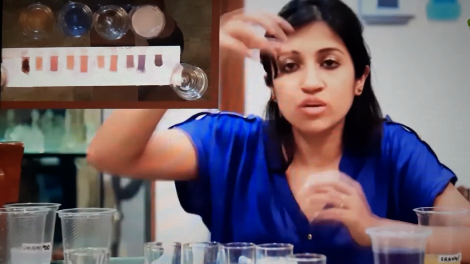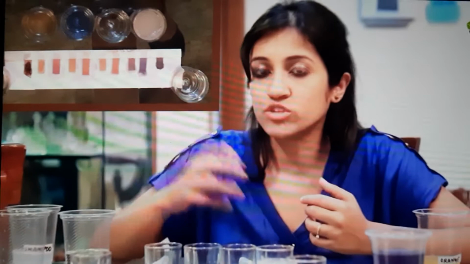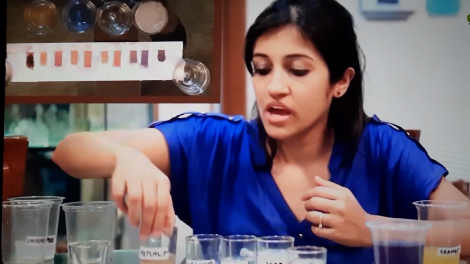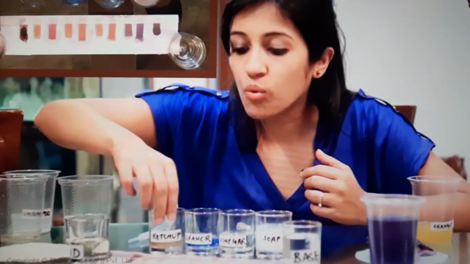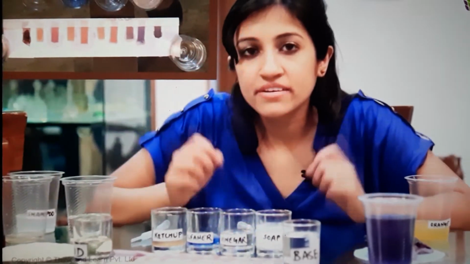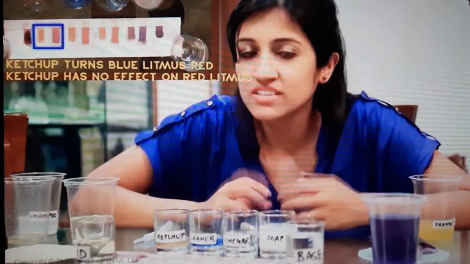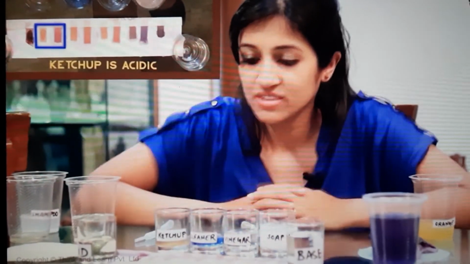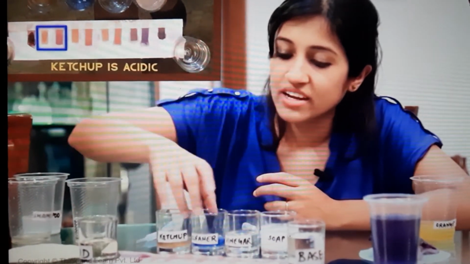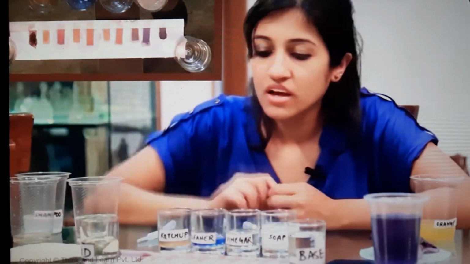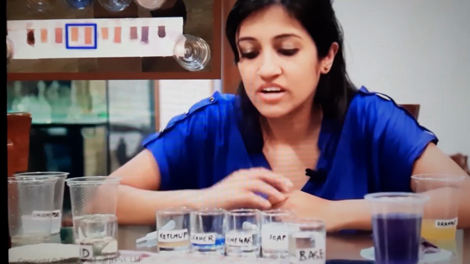So now, let's quickly see what happened to each of our solutions. Let's start with the ketchup. The ketchup turned blue litmus red, like you can see, and it didn't do anything to the red litmus, which means ketchup is acidic. Wow, did you know that? Next, the cleaner.